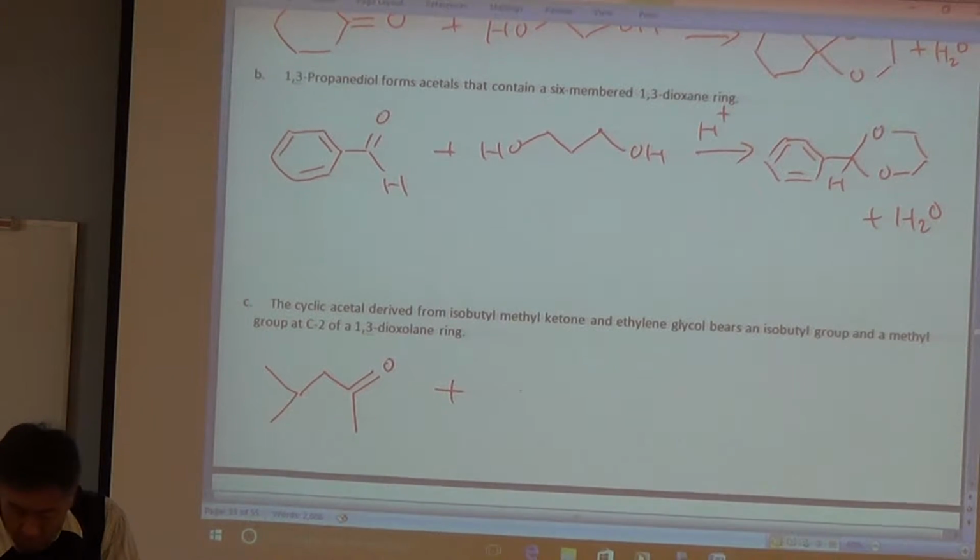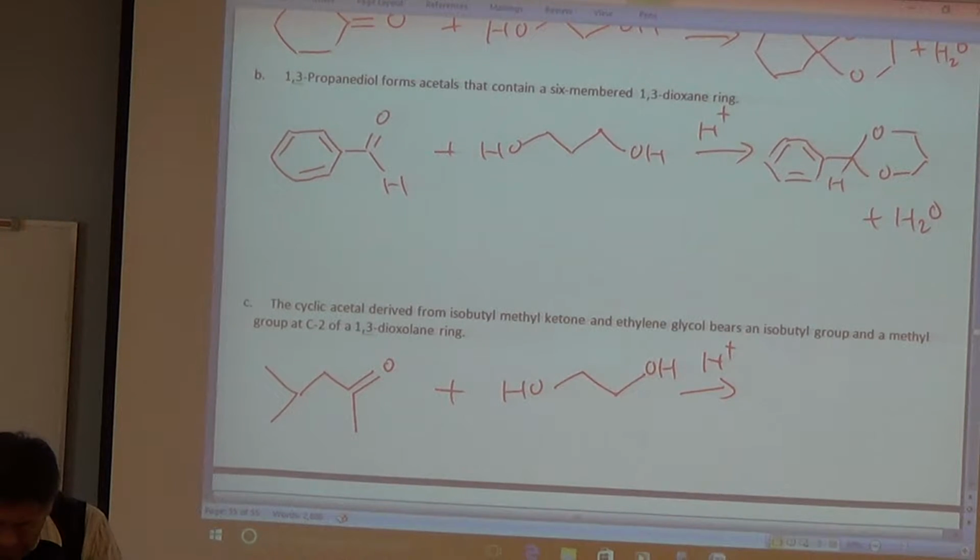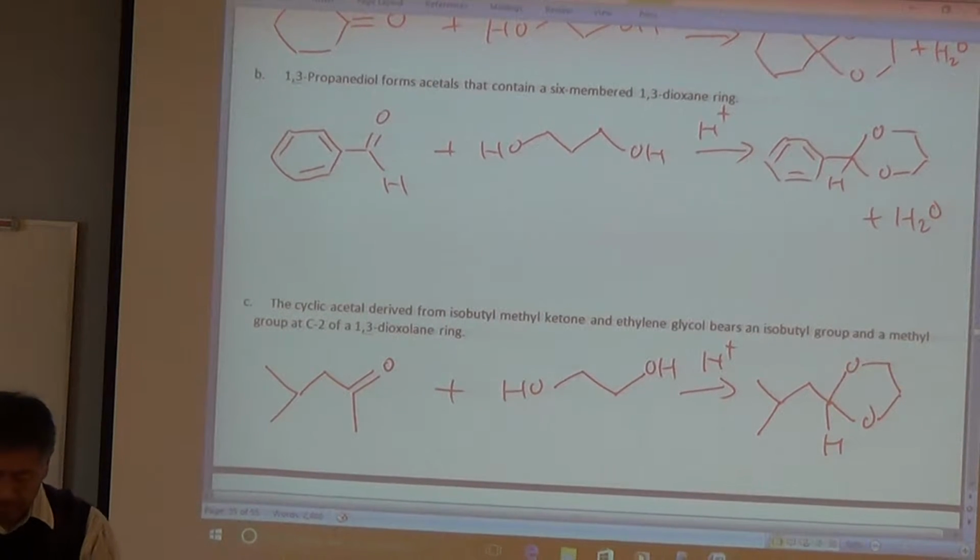So this ketone reacting with ethylene glycol, acid catalyst, you will see you will produce also the cyclic acetal. Yeah, so don't forget the plus H2O.